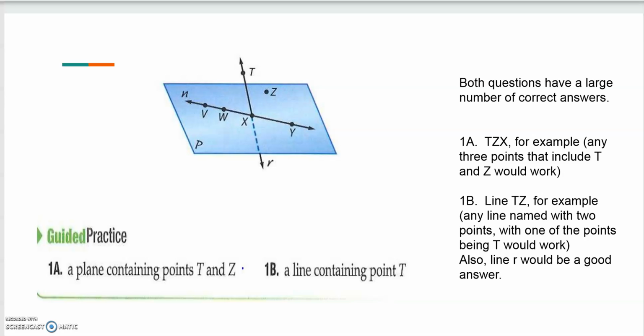But anyhow, TZX. What about a line containing point T? Well, you could say line TZ, line TY, line TX. You could also say line R, because if you look at the picture, line R contains point T. Point T is on that line. You could also say TW, you could say TV.